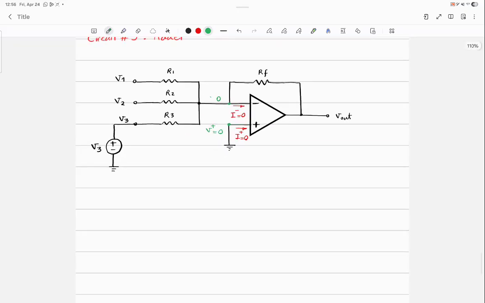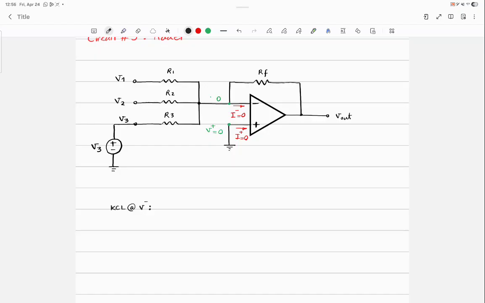I'm going to write KCL at the V negative. But before that, I'm going to talk about what's going on to the left of the circuit. So if you look at V3, it's pretty straightforward. The point that is shown by V3 is connected to a voltage source with the value of V3.